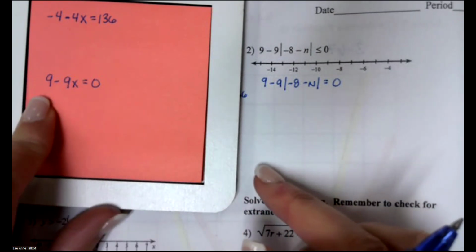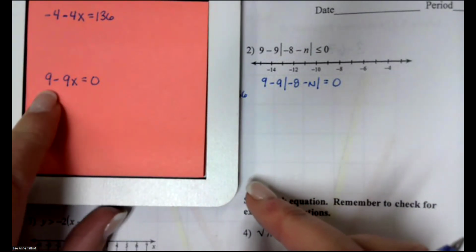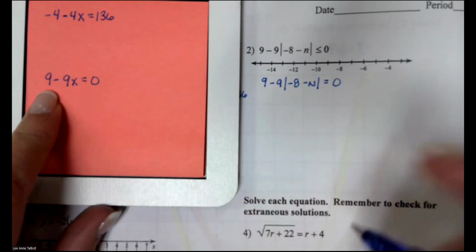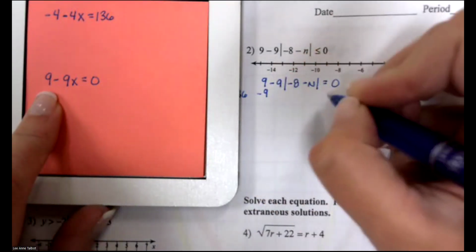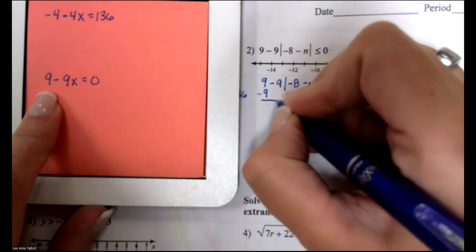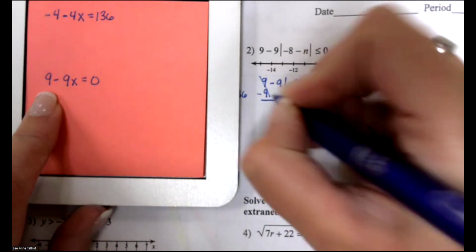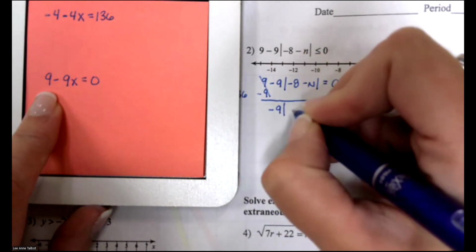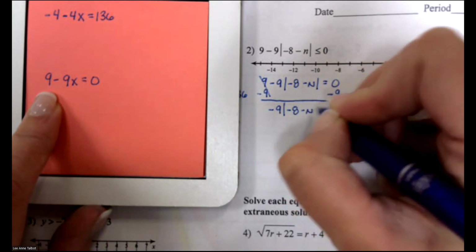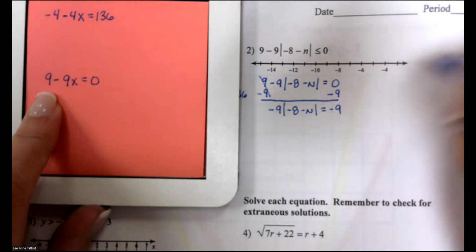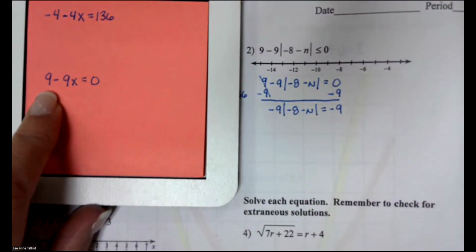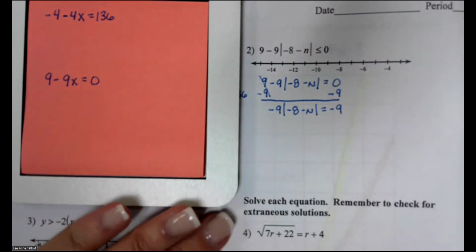What would I do first in this problem over here? Subtract 9. So we want to do the same thing here. And because you're not allowed to distribute into absolute value, what do we do instead?